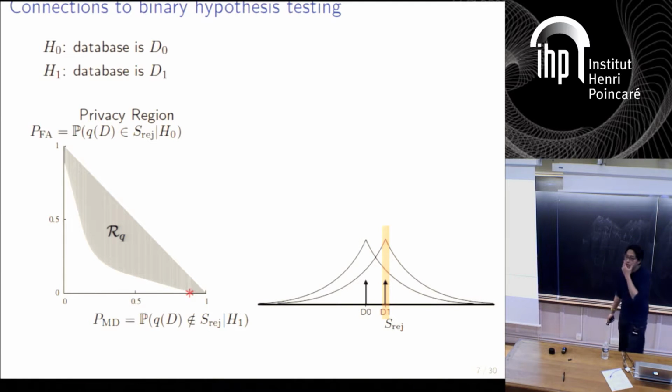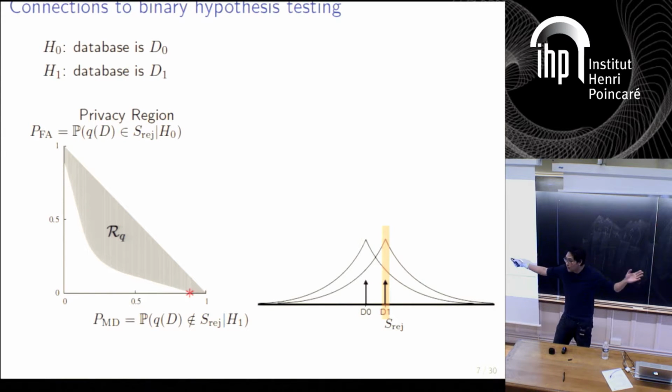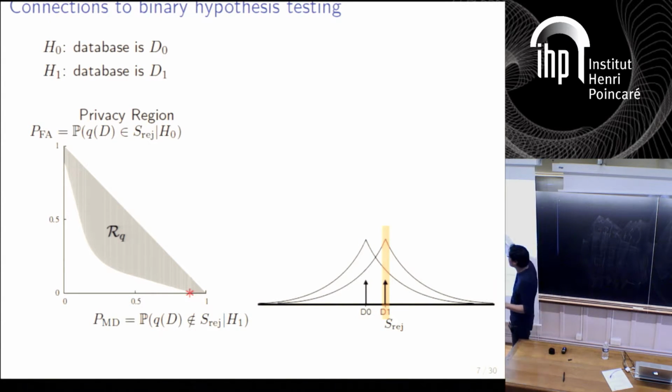Right, so how does it relate to what I call the privacy region, the figures that you're going to see. Let's say for the first quarter of this talk, I'm going to assume that the whole world is only two databases, D0 and D1. As you get more, and if you get complicated neighborhoods, things get hairier, but we don't have to get there yet. One is our null hypothesis, and the other is the alternate hypothesis.